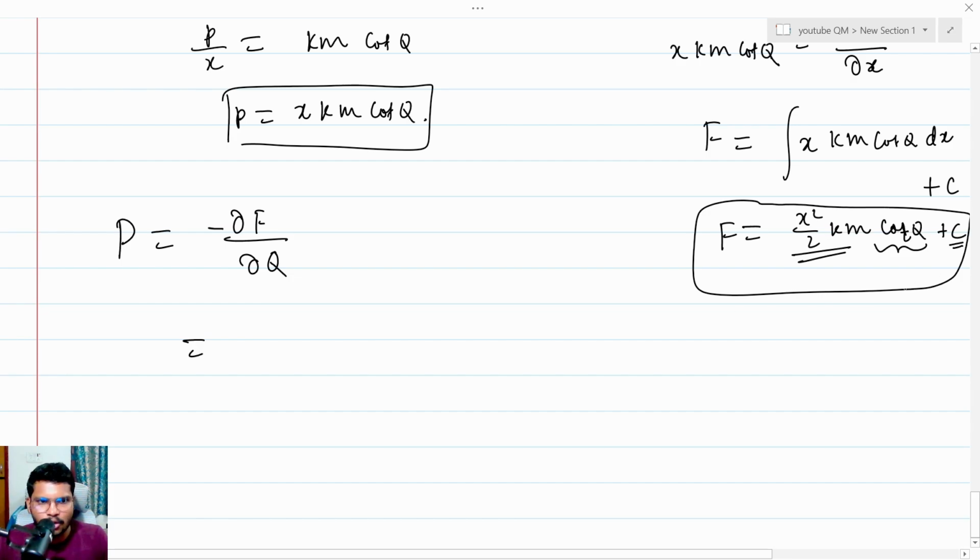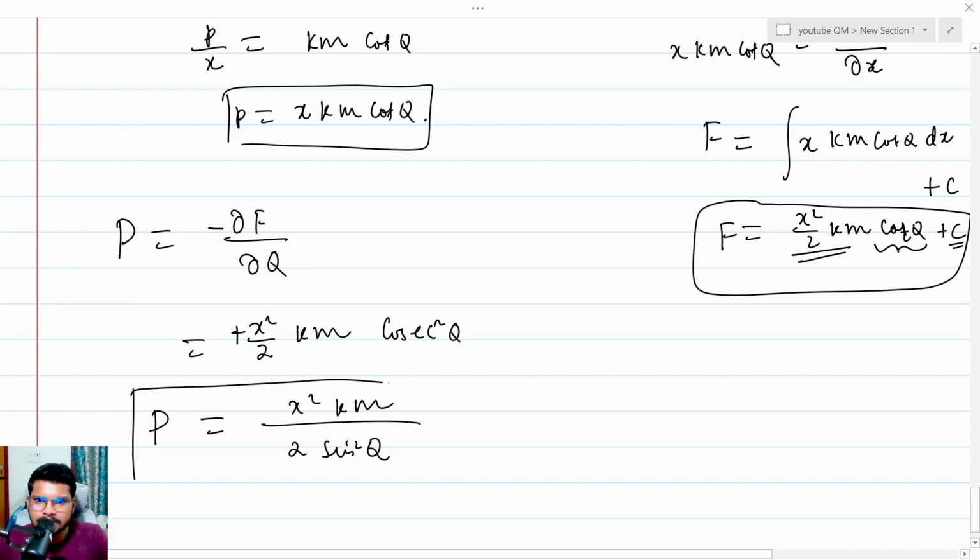If I'm just taking the derivative of cot Q, it would become like minus x square by 2 km. The derivative of cot Q is minus cosec squared Q, right? Therefore, this would become plus. I got x square by 2 sine square Q into km. That is kind of incredible.